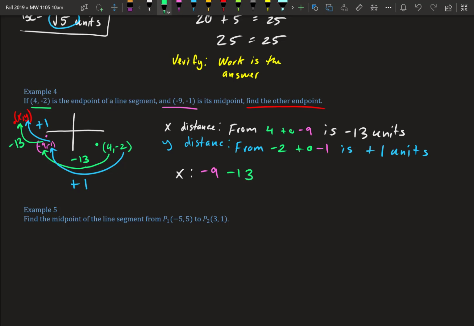So -9 minus 13, we get -22. So that means this point right here is -22. And for our y's, we go from -1 and we're adding 1. So -1 plus 1, we get 0. So the point is -22, 0.